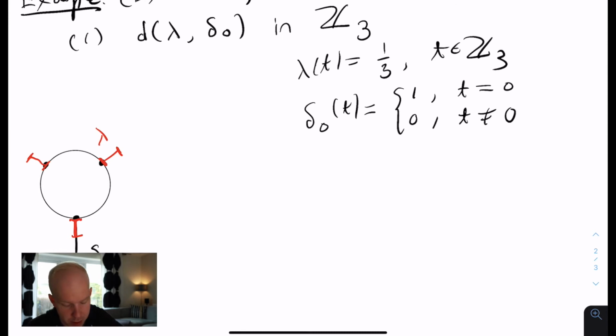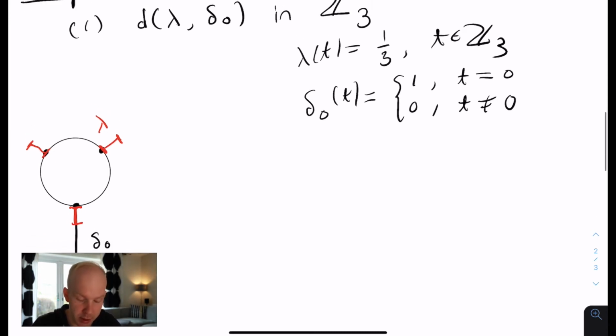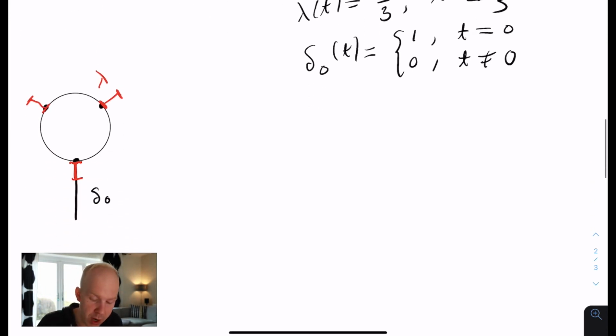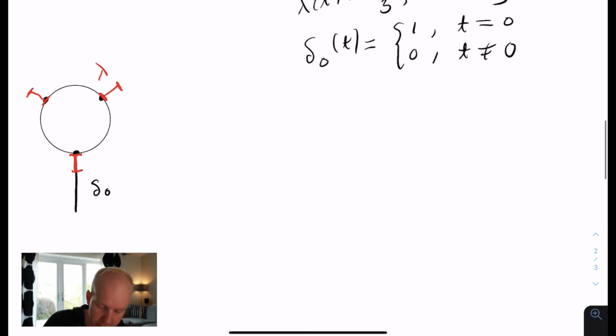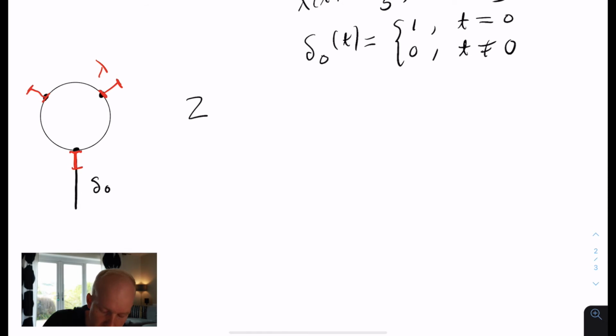The problem here is that there are a lot of different subsets to go through. One way to do this is to just go through all the subsets. So let's do that. What are all the possible subsets of Z3? This is the power set, all subsets.